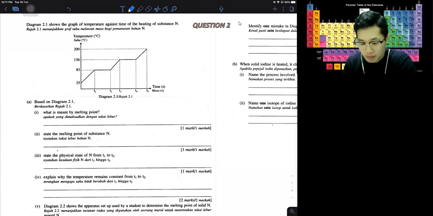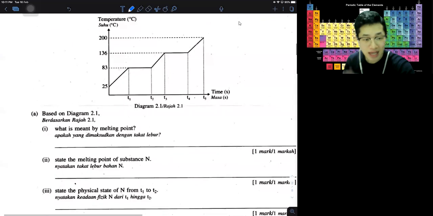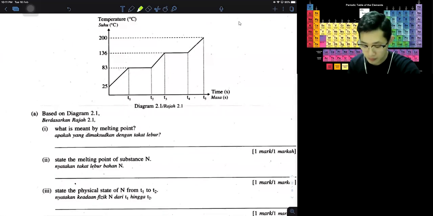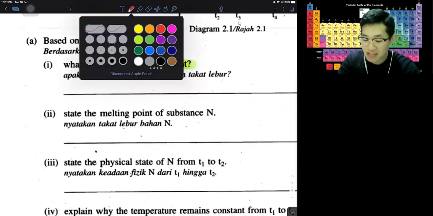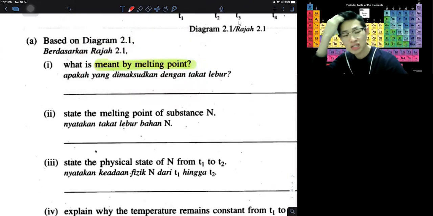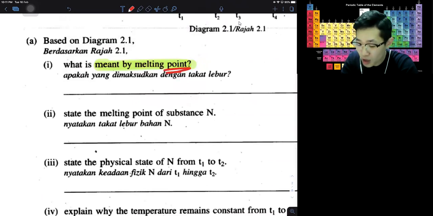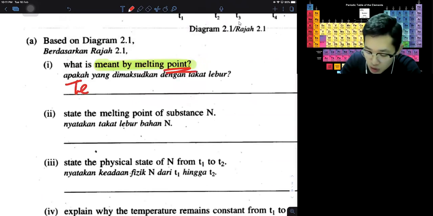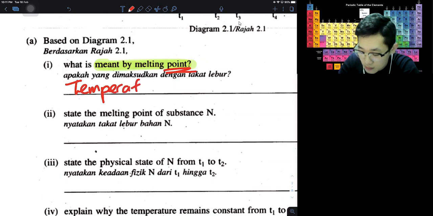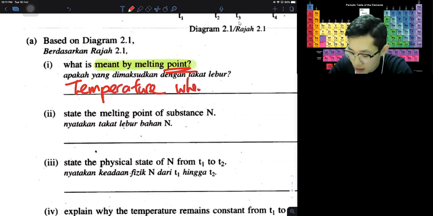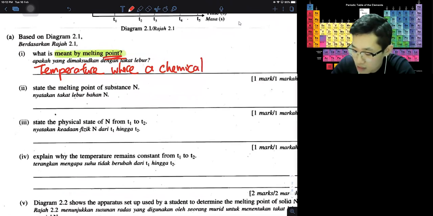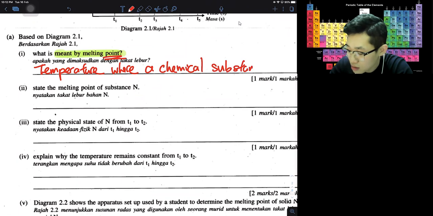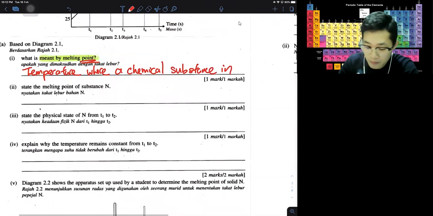Okay, next. Based on the diagram, this is the heating of substance N, and we got this heating curve. And they asked, what is meant by melting point? The meaning of melting point, as I told you in the last class, point here means temperature. So it is the temperature where a chemical substance melts.